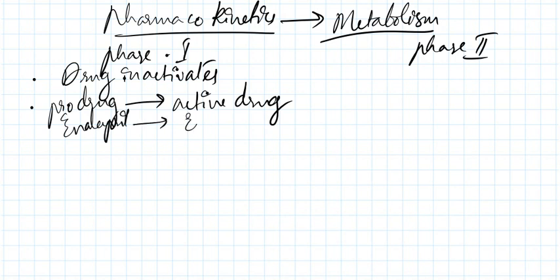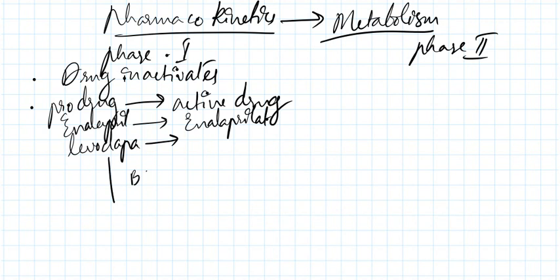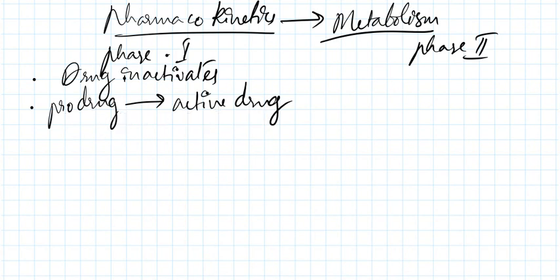Enalapril, levodopa is a prodrug, and as soon as we give the levodopa, it crosses the blood-brain barrier and converts into dopamine, which is an active drug. Okay, so these are some examples, right? What happens in phase 1 is the drug gets inactivated. But if the given drug is a prodrug, then the prodrug gets activated rather than inactivated.